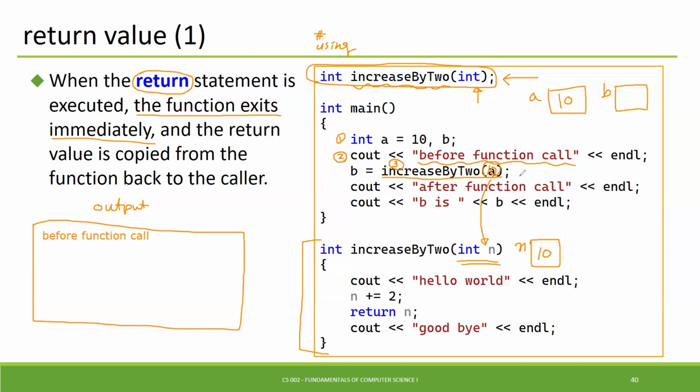I told you that the value 10 is an argument. The argument is passed to the function. Then the function will create a parameter. A parameter is a space variable. An argument is a value. They are different. Then parameter n is created and 10 will be saved in n.